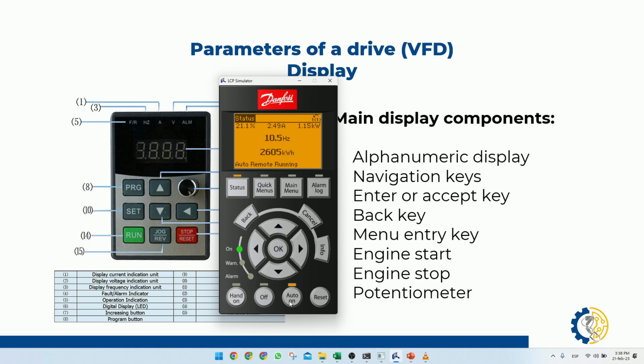And then we have the motor stop, which in this case is the stop or the reset. We also have a reset button to reestablish all configurations that we got, or to wipe out any alarms that are activated.